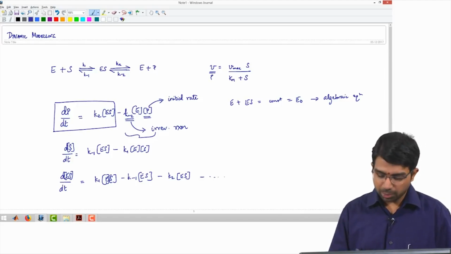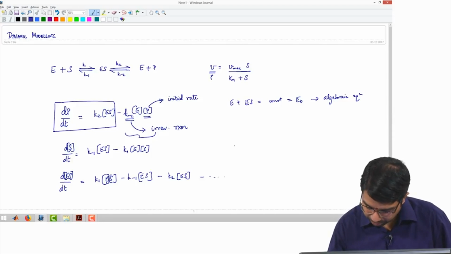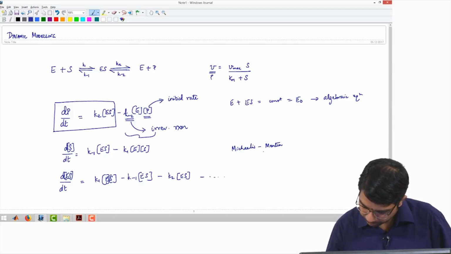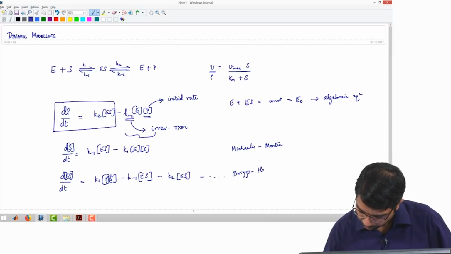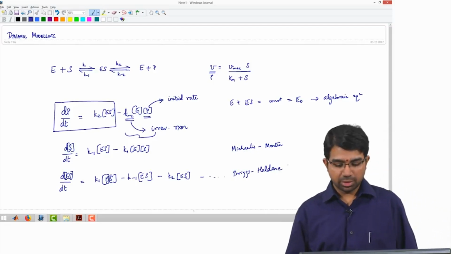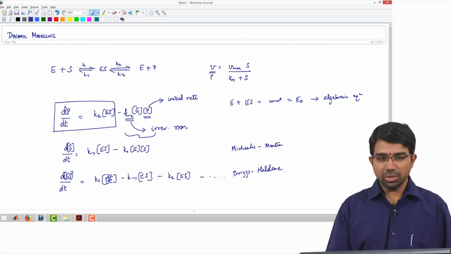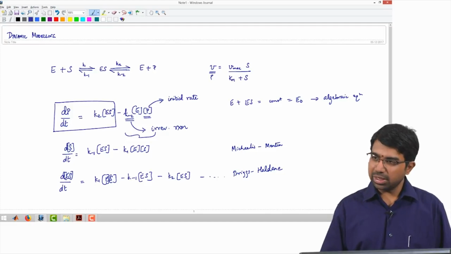right. There are two popular assumptions. One is the classic Michaelis-Menten assumption, the other is the Briggs-Haldane assumption. What is the Briggs-Haldane assumption? dES by dt is 0, quasi steady state. Michaelis-Menten assumption is basically dS by dt is 0.